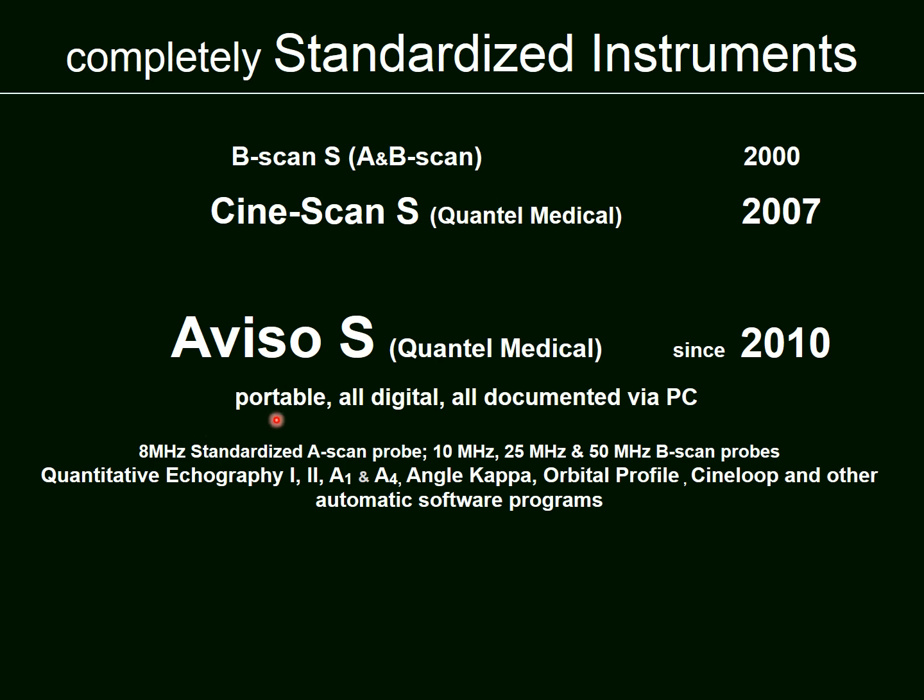It is a portable and all digital instrument. All the documentation is available through a PC. It uses an 8 MHz standardized A-scan probe and 10 up to 50 MHz B-scan probes.